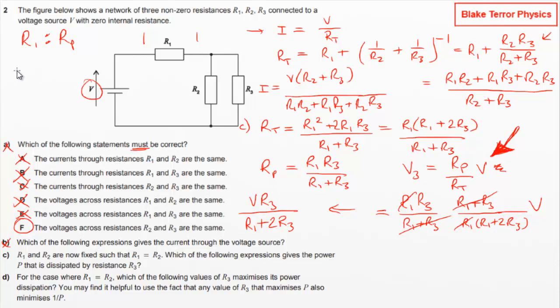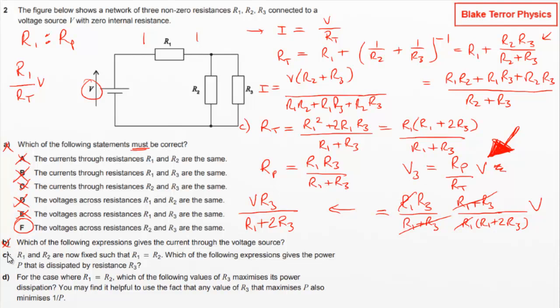And then we can just do fractions. Our PD across R1 is going to be R1 divided by R total, multiplied by the EMF. It's just a different way of doing the same thing. This is exactly what we've done here: what fraction of the total resistance is in the parallel branch, and that is going to be the fraction of the EMF that is the PD across that branch.